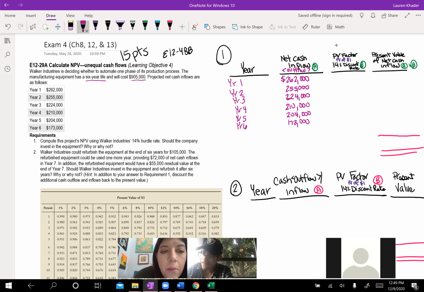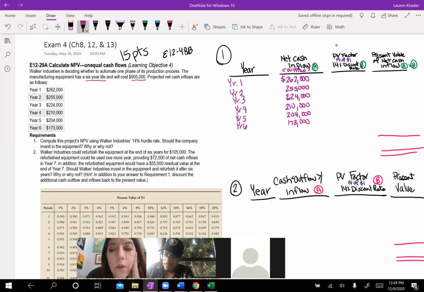Compute this project's net present value using Walker Industries' 14% hurdle rate. Should the company invest in the equipment? Why or why not? So first things first, after you've put in those net cash inflows, we need to find the present value factor.